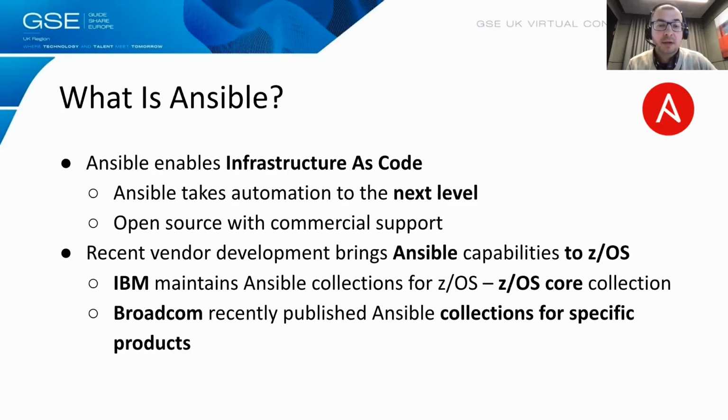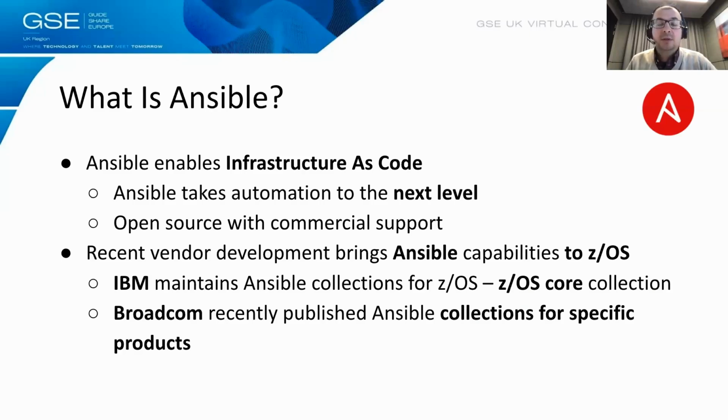But IBM did great work and introduced the z/OS Core Collection, which basically allows you to communicate with the mainframe from Ansible in a way that is super easy, super fast, and super effective. I really like the way they did it.